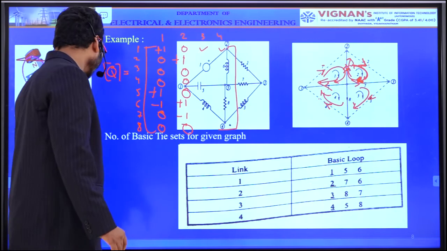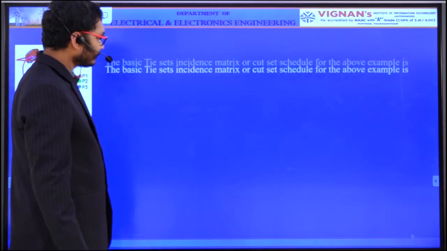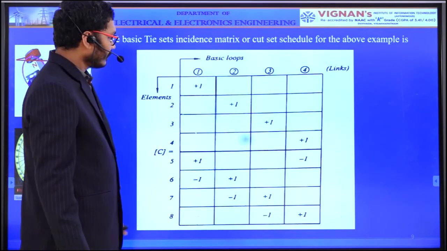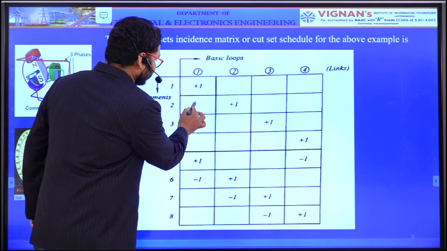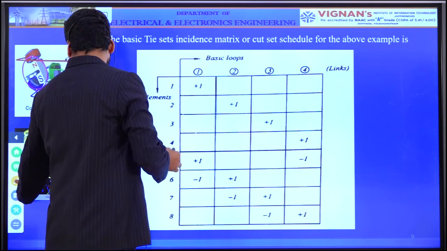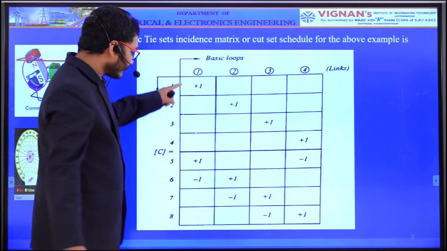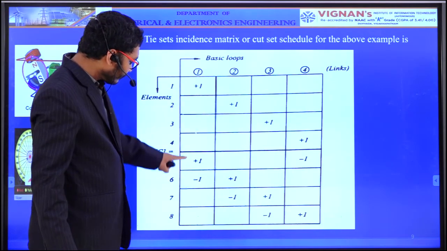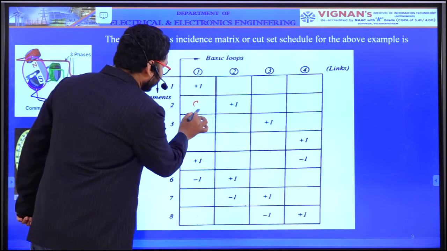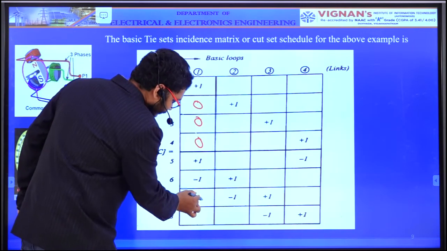If you see here, finally you will get the matrix like this. Just now I told, right? Here for tie set 1, branches 1, 5, 6 are associated and the remaining branches are zeros.